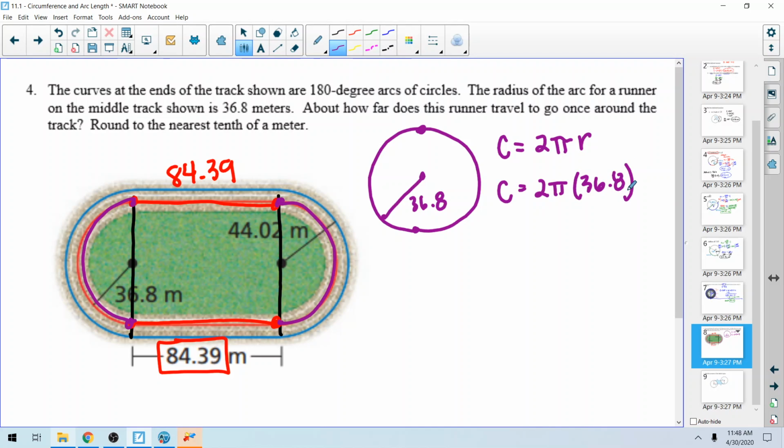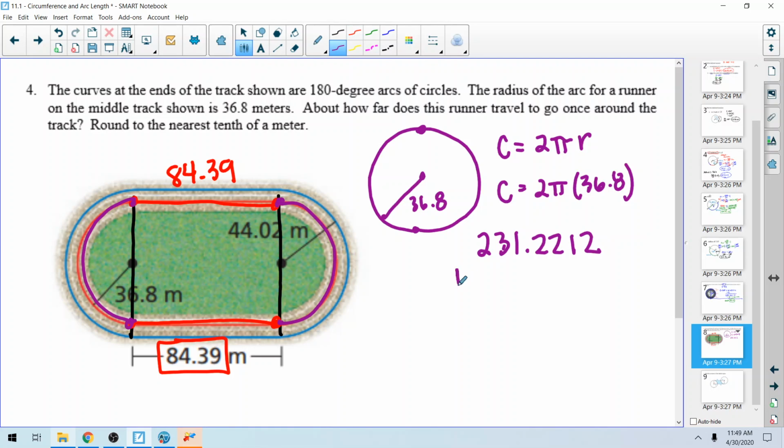Now, we don't have to double that or do anything funny because we already took the two ends of the circles and stuck them together just to make one circle. So in my calculator, 2 pi times 36.8 is roughly 231.2212, but that's just the ends.